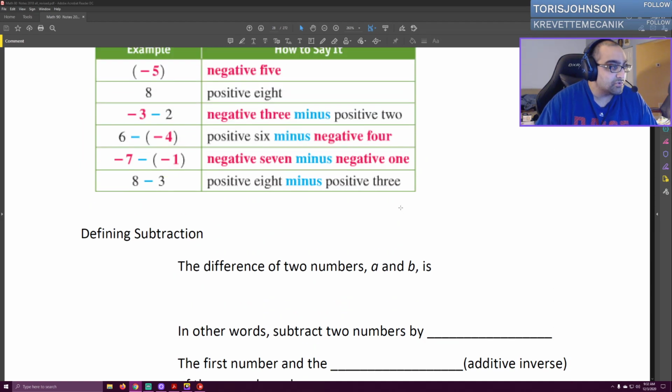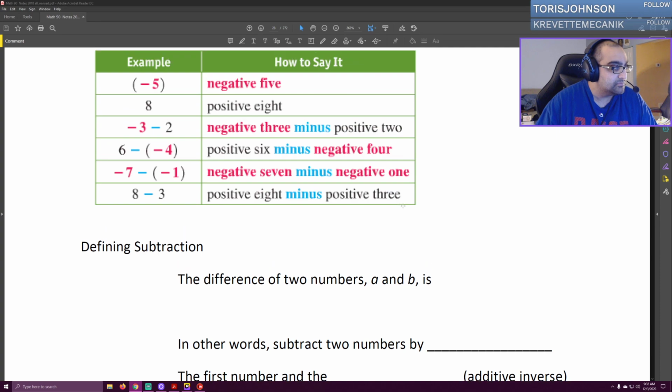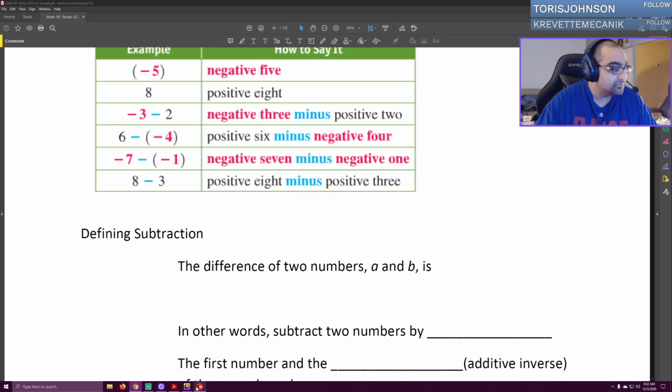There's the main screen right there. All right, there we are.